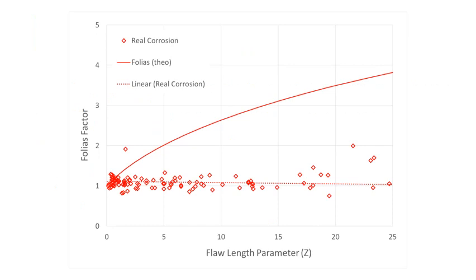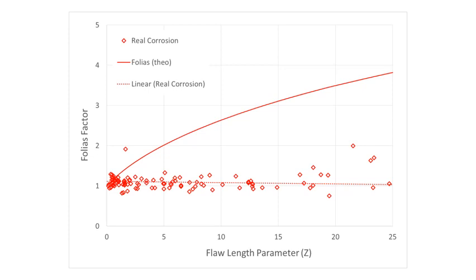Here we have a plot of the foliage factor on the y-axis and the flaw length parameter z on the x-axis. You'll see that I've got red diamonds that represent the data points from all of those industry data where I've back calculated the effective foliage factor from those particular failure tests. You'll also see that I've got a theoretical foliage factor shown by the red arched curve.